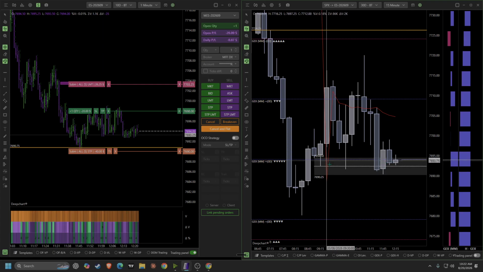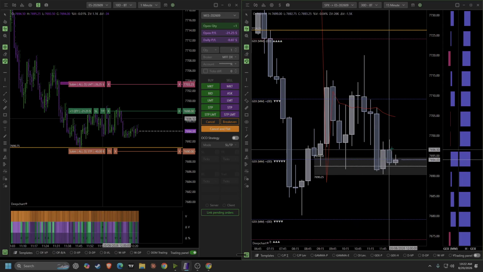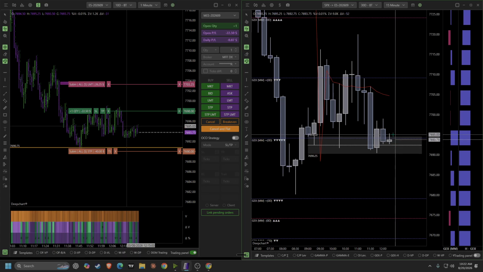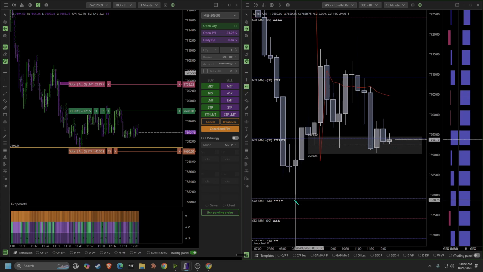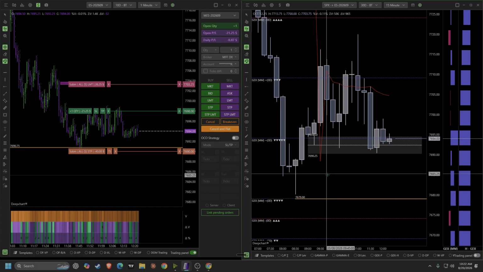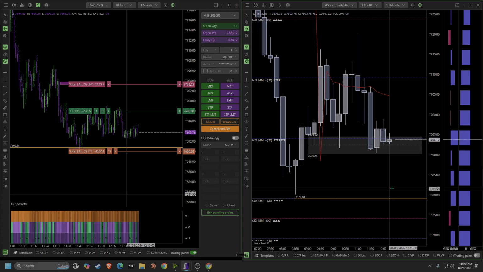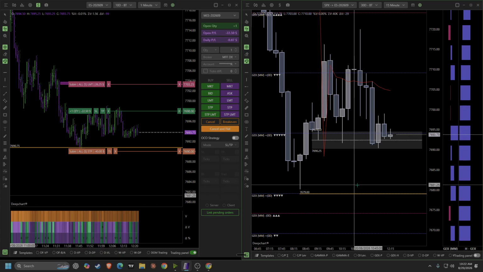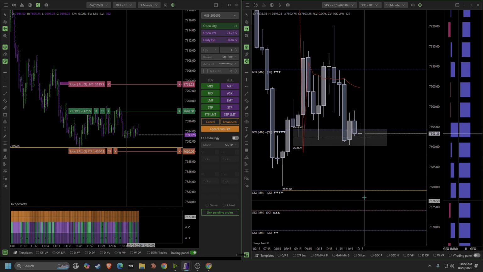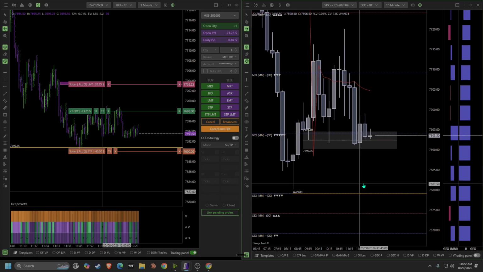You can see multiple times we are fighting to break through this level. If we actually get a push down, we're likely to come all the way down to 76, 79 before we consolidate, put on the brakes, and then see if there's more energy to continue to push lower.